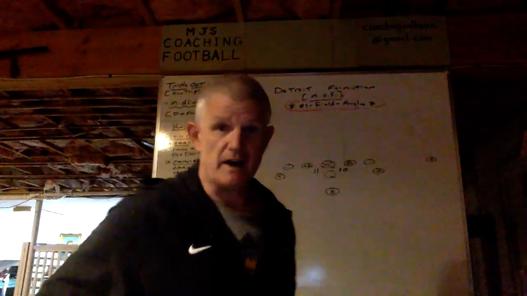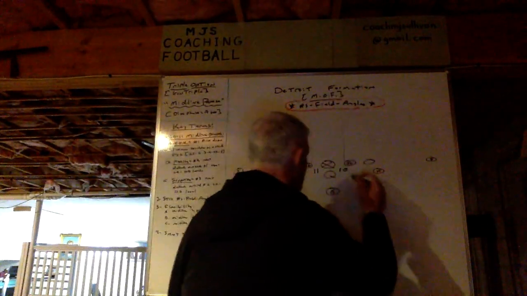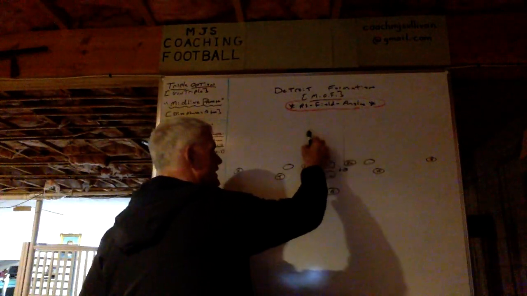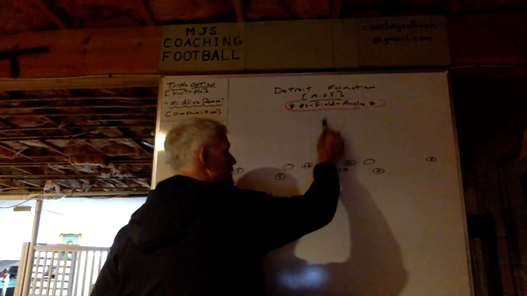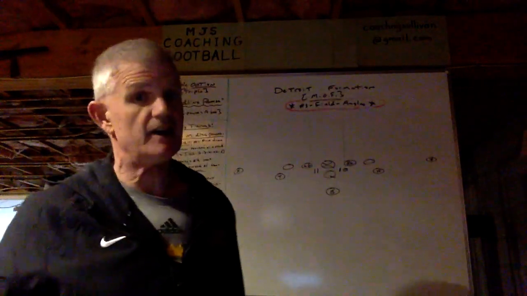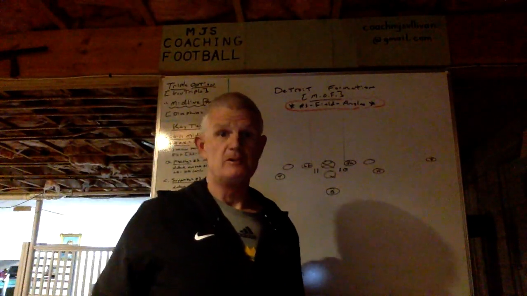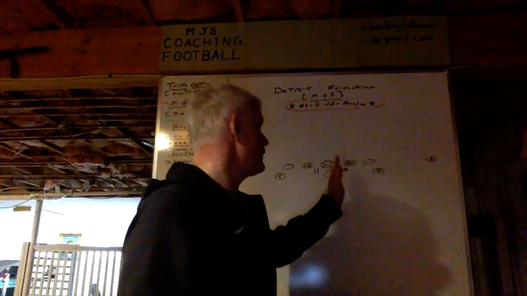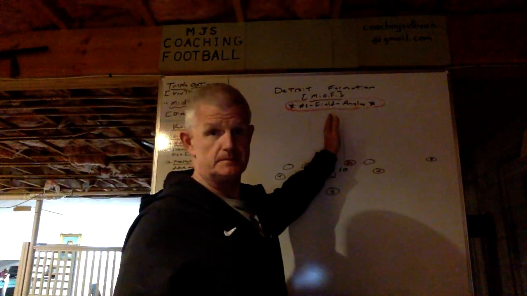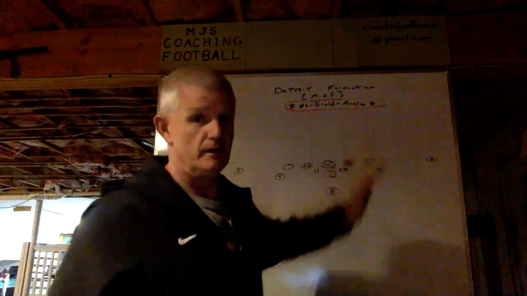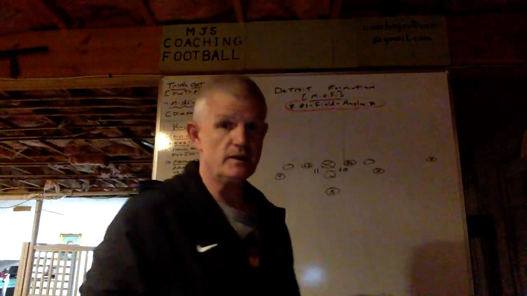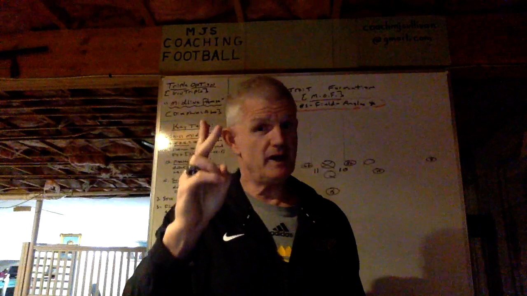Okay? So for us, again, normally, because the crease is inside leg of the guard, there should not be very many defenders in that crease. Okay, so the fewer the defenders, the more likely we're going to be to run the midline. Okay, so typically, the number of defenders in the crease is 1, maybe 2.